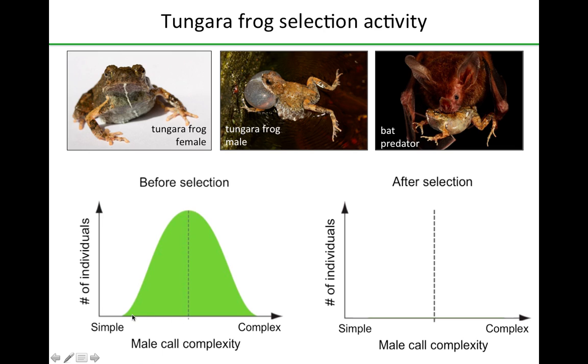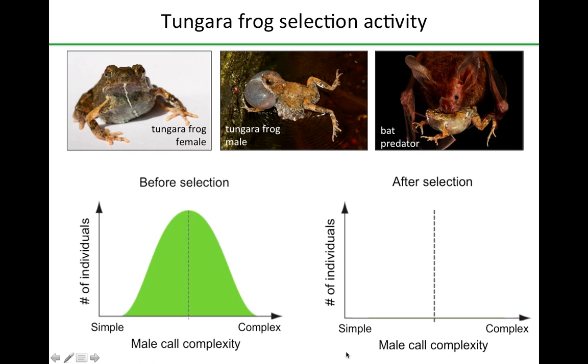So I am telling you that before selection occurs in each of the scenarios I lay out, this is the distribution of current call complexity in the population. And for all of the scenarios, you're going to assume that call complexity is a heritable trait. So ignore the fact that males can exhibit a range of calls and assume that the ability to do a complex call is a genetic trait. That's what we're going to assume for this activity.